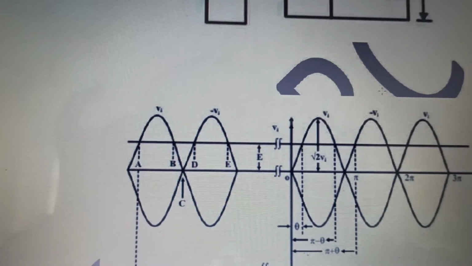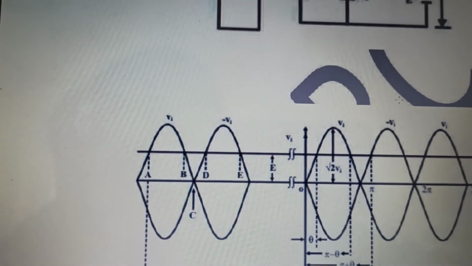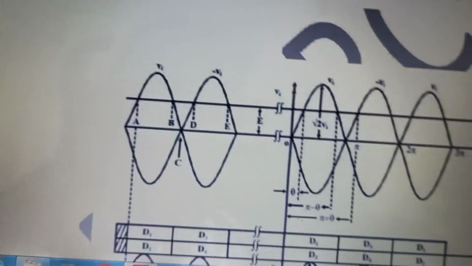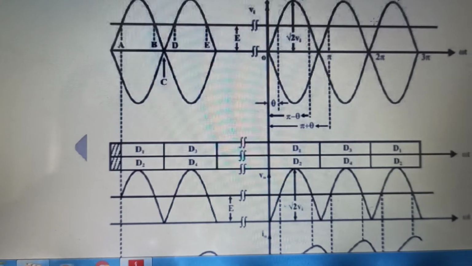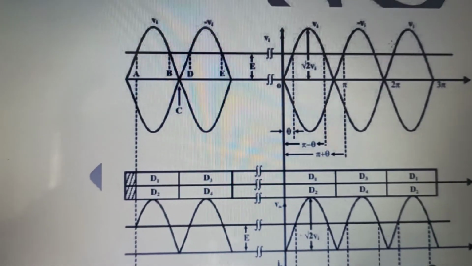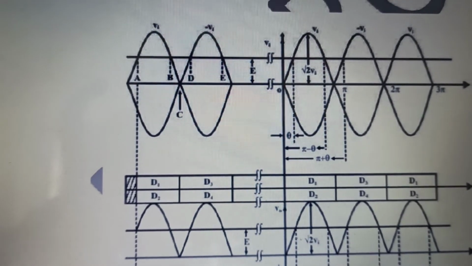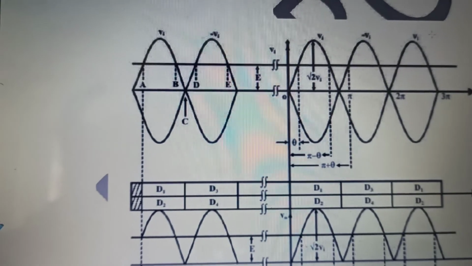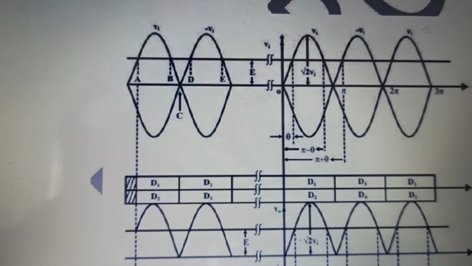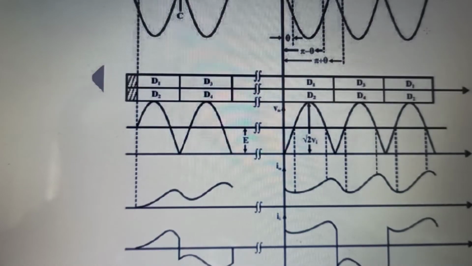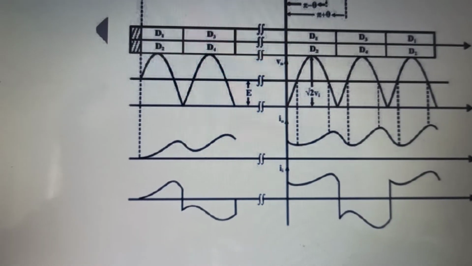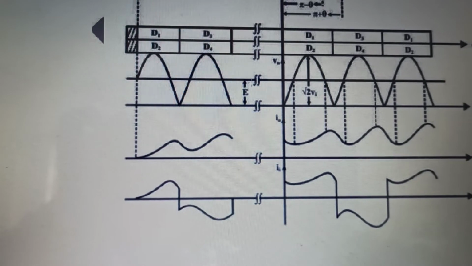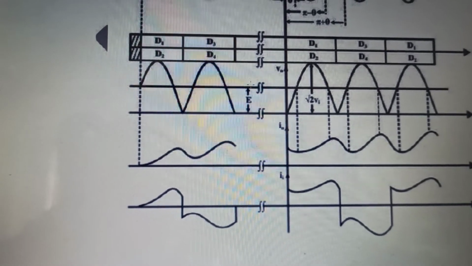Have a look at this. For example, if we have kept alpha equal to 0, just for example, then we can easily understand that this E will be there.